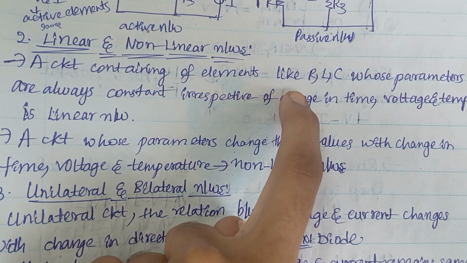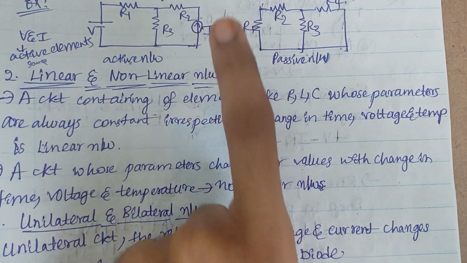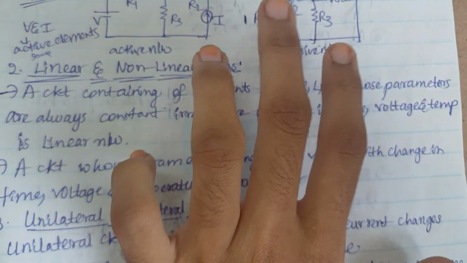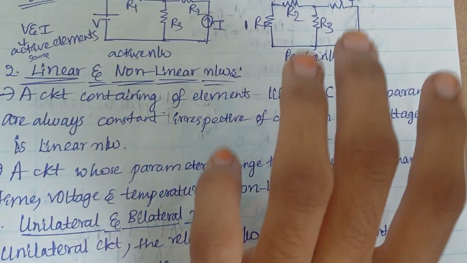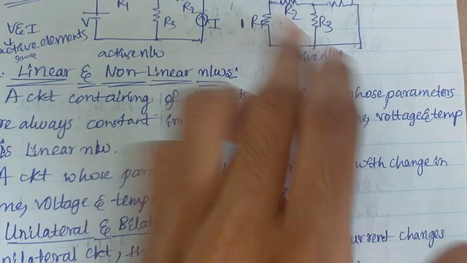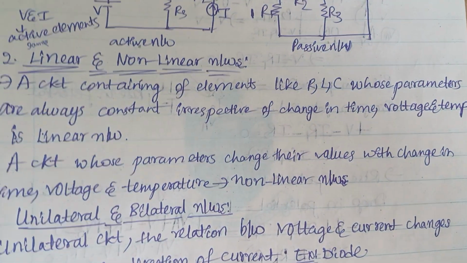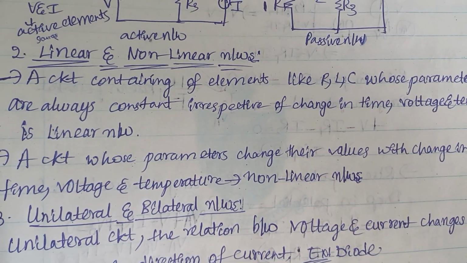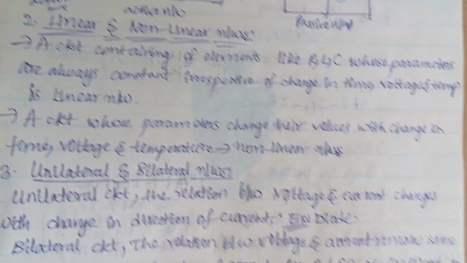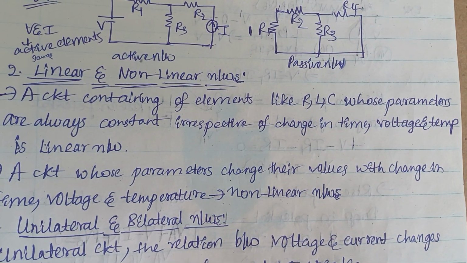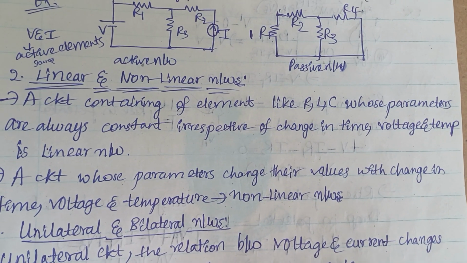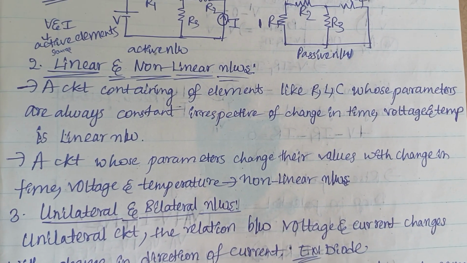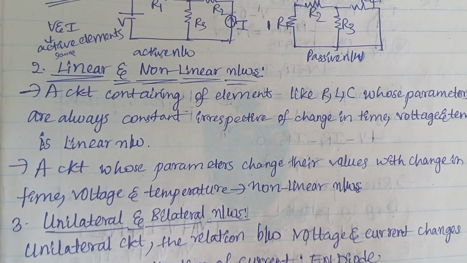For example, if you take a resistor, an inductor or a capacitor, and keep this circuit for 2 hours as it is, will its value get changed? No, it remains the same. Even if there is a change in time, voltage or temperature, it will remain the same. So that is said to be a linear network.